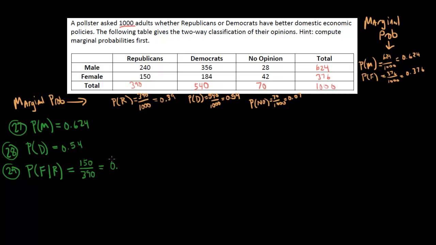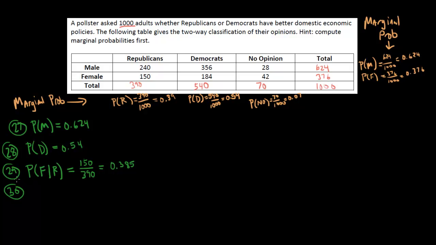Actually, sorry, looking at the study guide, I rounded to 3 decimal places, so I'll round to 3 here. 0.385 if you round to 3 decimal places. So again, that was the conditional probability of a randomly selected person being female, assuming that they were also Republican already.